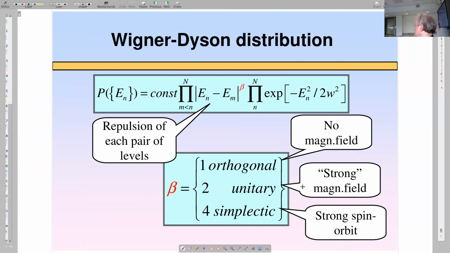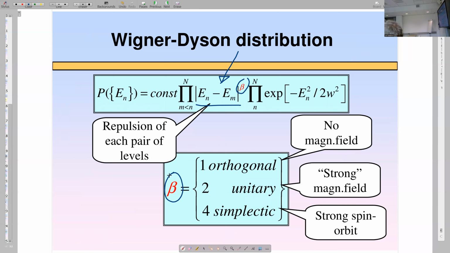What they figured out is the Wigner-Dyson distribution of all levels. Levels never come to each other, right? These factors forbid degeneracy for each pair of levels. It is characterized by some power.